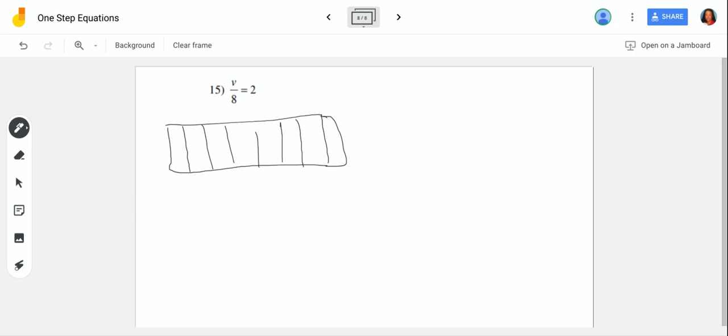And what they're saying is that of these 8 parts, there's 2 in each part, or there's 2 in each box. I just happen to make a rectangle because rectangles go with our algebra tiles, but it could be any shape.